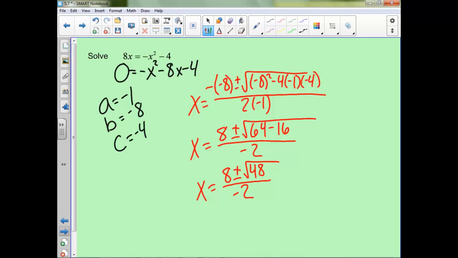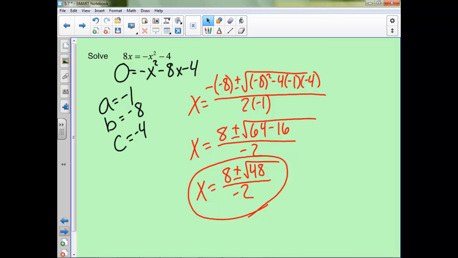And this is where we leave it for now because we don't know the square root of 48. And so this is the end of the section.